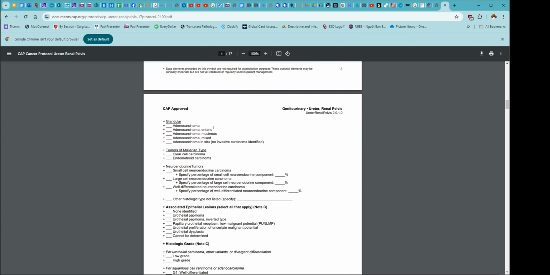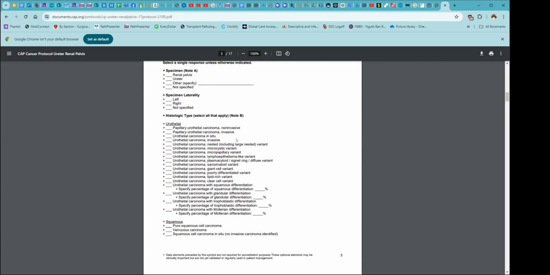I don't think it has invaded into the muscle. If you have invasion of the renal parenchyma, then I'd probably call it enteric adenocarcinoma invasive of the kidney. We did have that one area where it looked like it was adjacent to the nephron, the renal papillae, so it could be invading into the kidney itself. But this is where I think it fits, under glandular tumors.